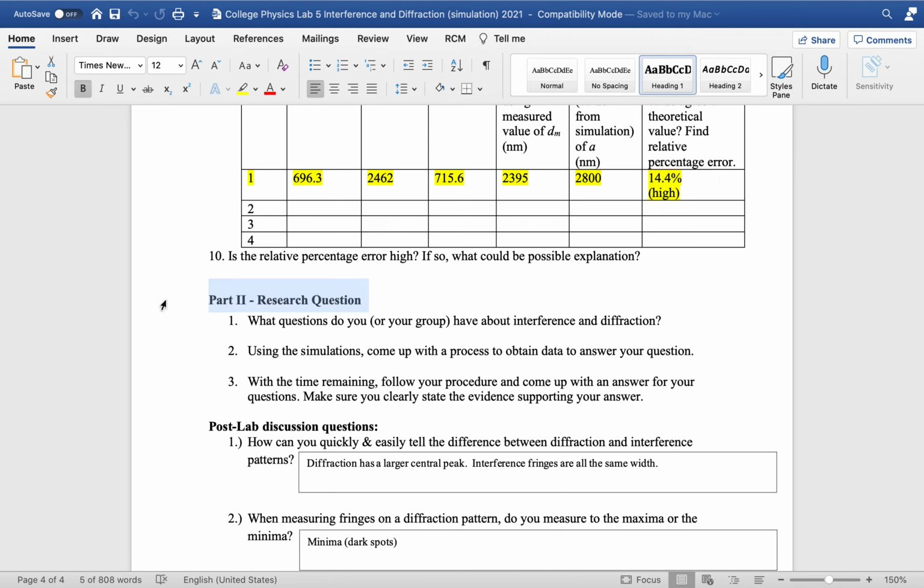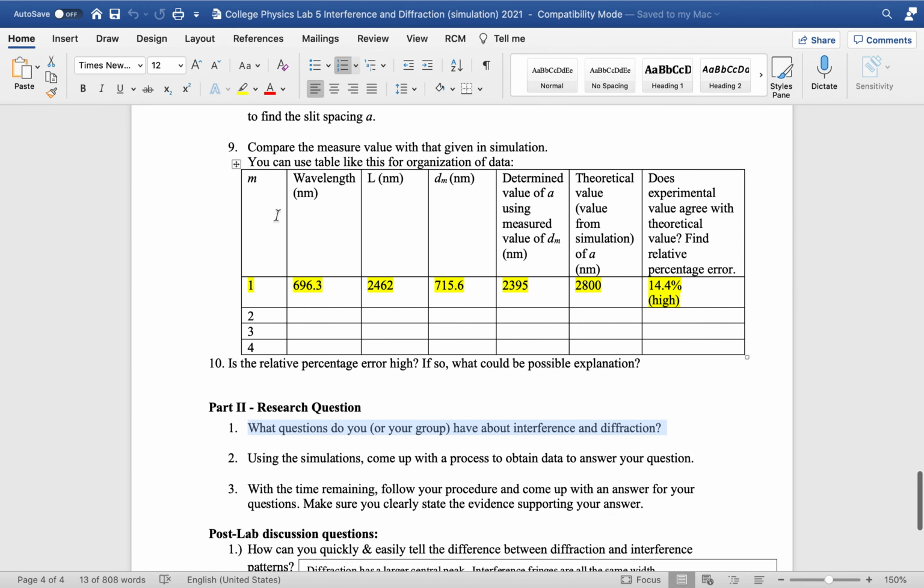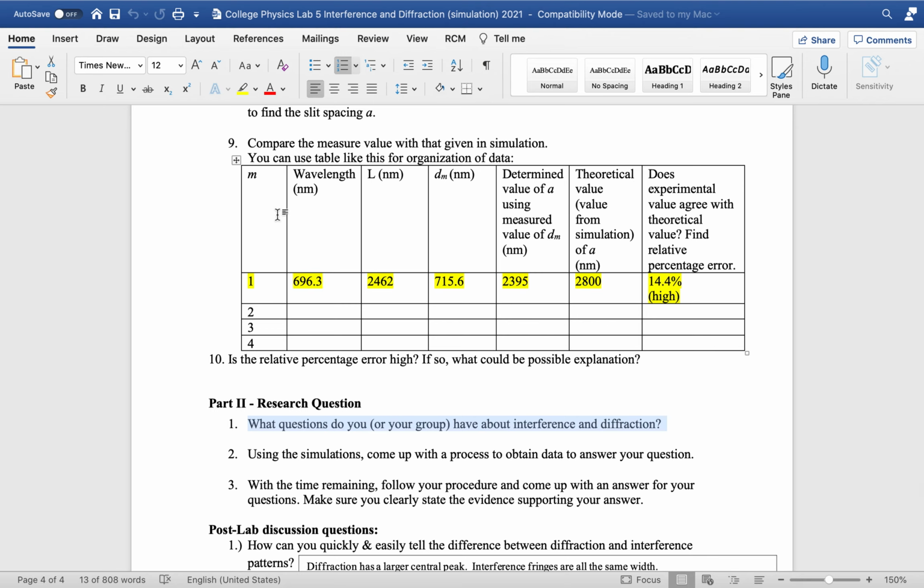Part 2 is a research question. What questions do you or your group have about interference and diffraction? Since it may not look direct to them, they may ask you. I think one really easy question would be to just change the color, right? A different color means a different wavelength, and then just do the same thing here, like the double slit experiment, or even the other part where they did the single slit experiment in the simulation.